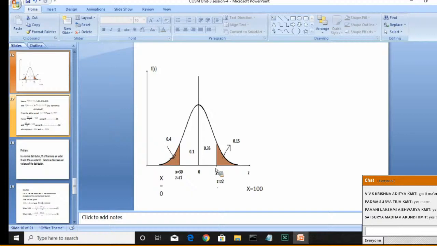Now, what I will do: actually we are having some restrictions in our table, all values will be given starting from 0 only. That is why I should find out the area of this part. How can I find out the area of this part? That is 0.5 minus 0.15, which gives 0.35.